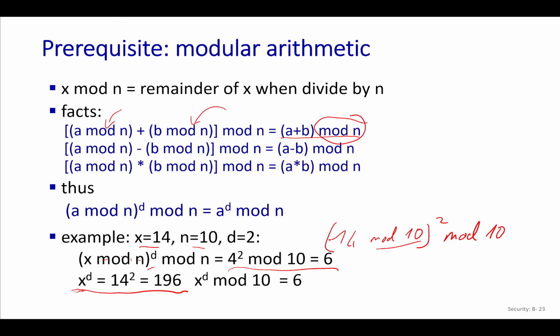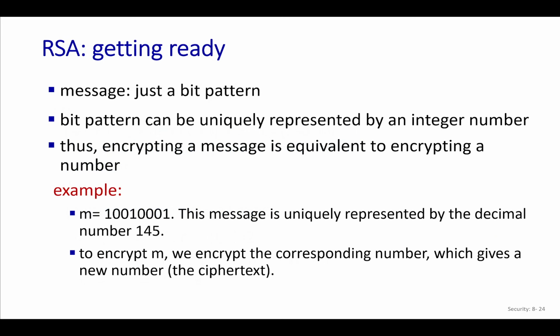Okay, the next point. What is the idea with RSA? The idea with RSA is that any message is a set of bits, and every set of bits can be represented by an integer number.